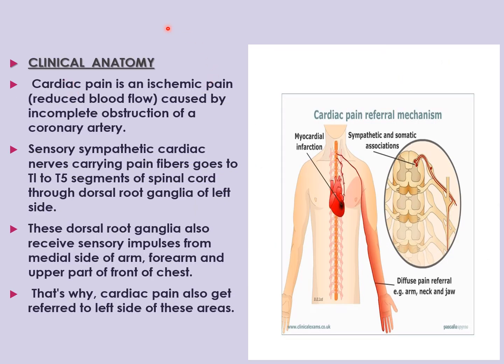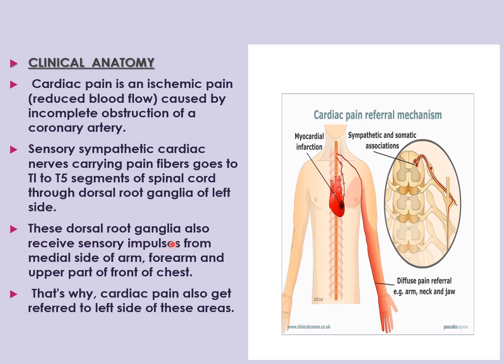Now coming to the clinical anatomy related to the thoracic part of the sympathetic trunk, cardiac pain is an ischemic pain because of the reduced blood flow to the heart caused by incomplete obstruction of the coronary artery. So sensory sympathetic cardiac nerves carrying pain fibers go to the T1 to T5 segments of the spinal cord through the dorsal root ganglion of the left side.